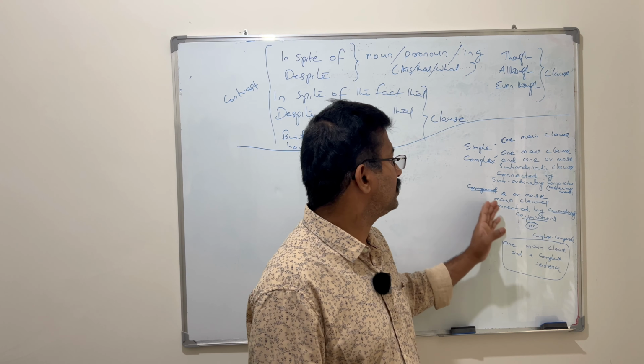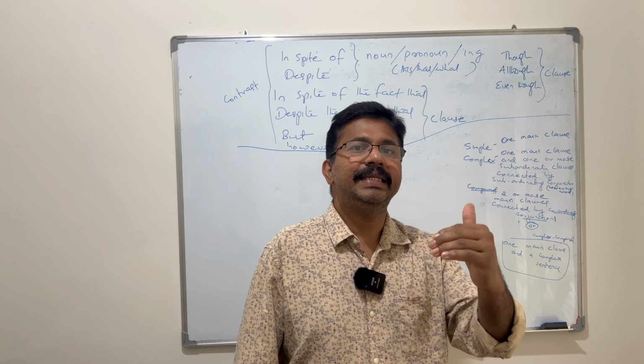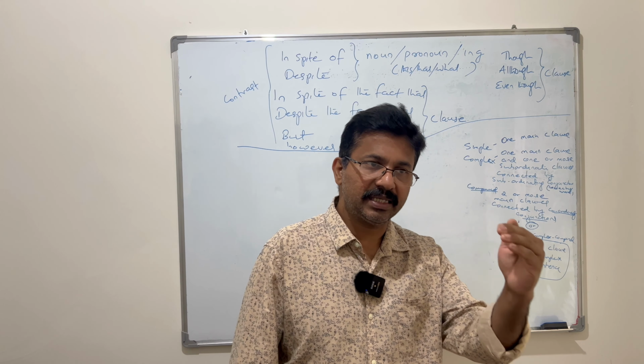A subordinating conjunction is called subordinating because when you write it with a clause, its meaning is incomplete. So that expression is called a subordinating conjunction or subordinating connecting word.